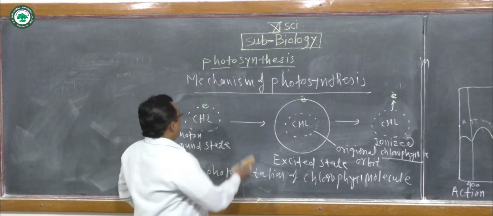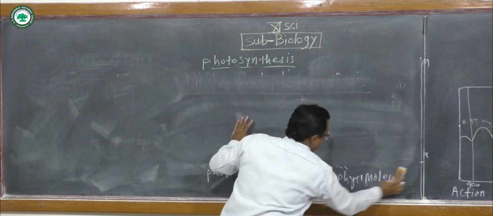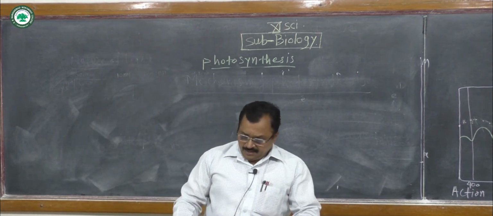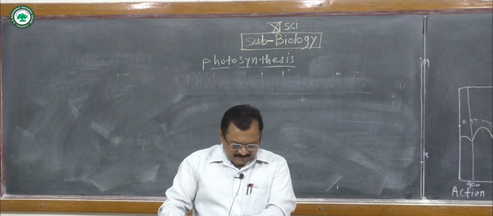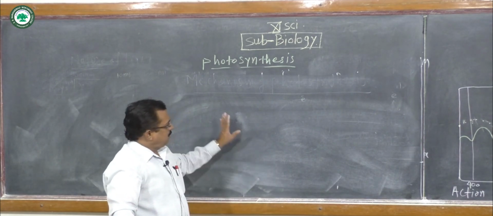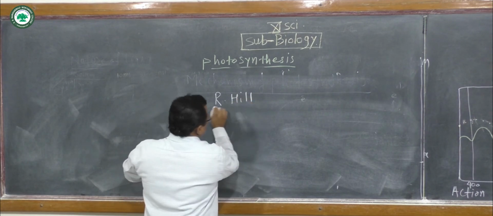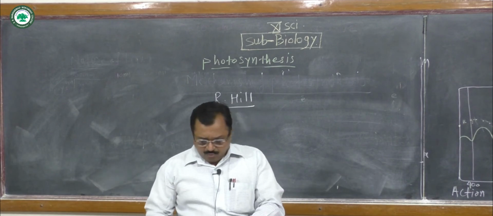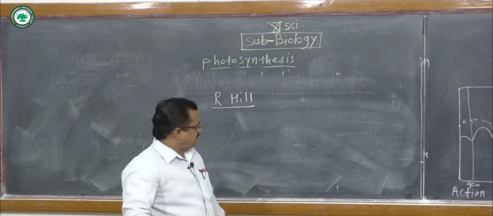And then in 1937, Robert Hill demonstrated that isolated chloroplasts evolved oxygen when they were taken in the presence of an electron acceptor.